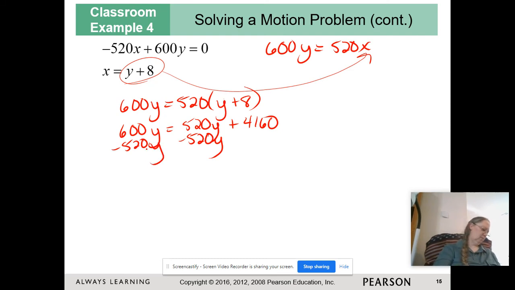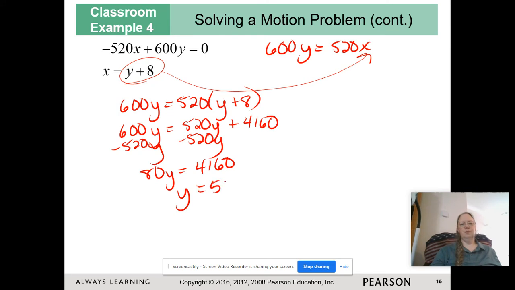And I get 80y. Let's hope that divides evenly. And it should. I get 52. If my y is 52, then my x has to be 52 plus 8, which is going to give me 60.